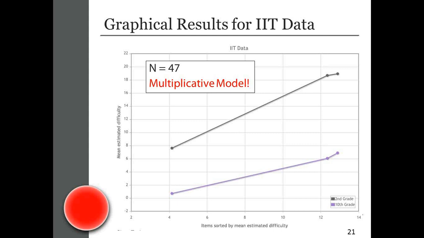Thank you. We're back, so a little technical problem. Okay, here is the combined data. There were 47, as I said, people that I was able to use the data for. This looks like a linear fan. This looks like we were using some sort of multiplicative model.